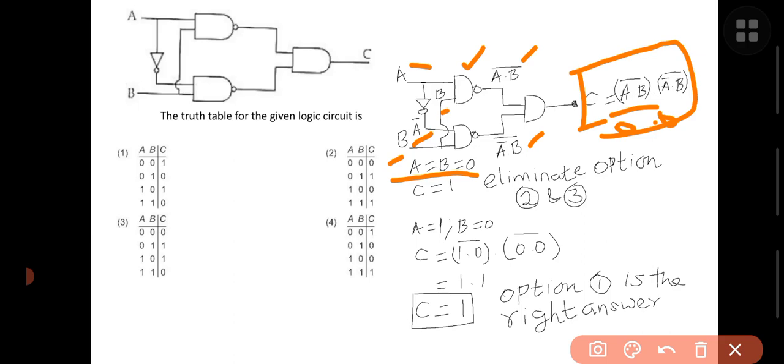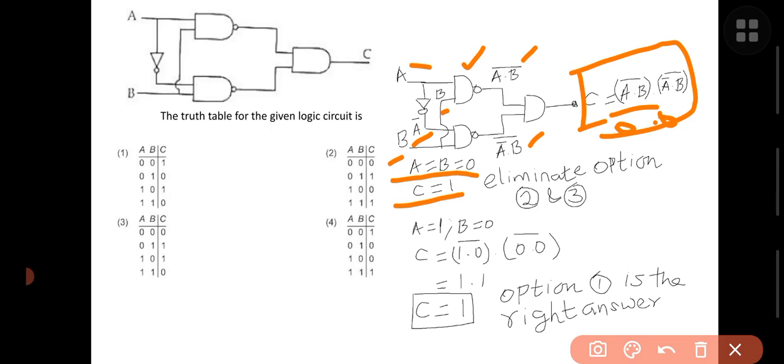Another one, 0 bar dot 0, that is 1 dot 0 the whole bar, that is 0 bar, again we get 1. So 1 dot 1, we get C as 1. For input 0 0, we get the output 1.